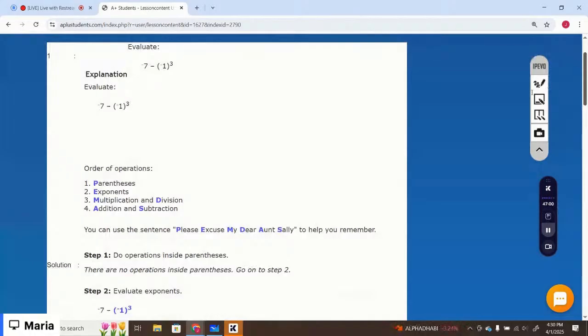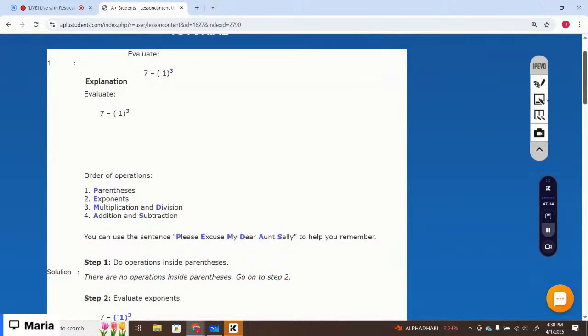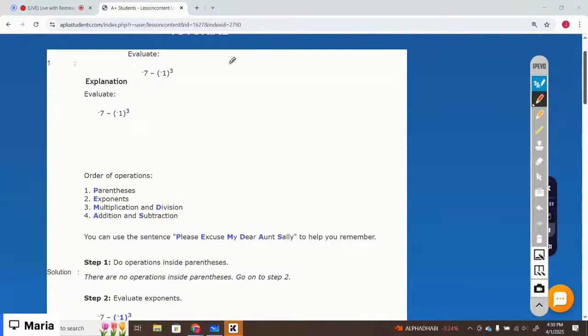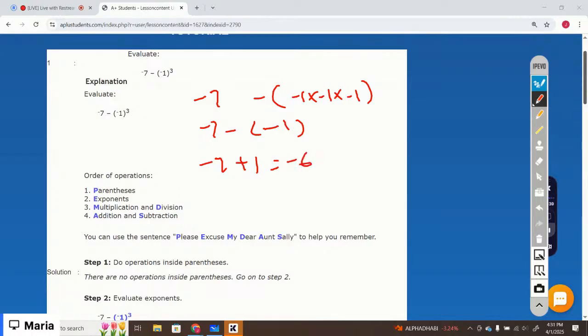We have to do parentheses first, then exponents, then multiplication and division, and last addition and subtraction. In this expression, we are given the parentheses first. The first thing we have to do is negative 1 exponent 3, so negative 1 times negative 1 times negative 1. That is negative 1. Minus negative and negative makes positive. Negative 7 plus 1 equals negative 6.